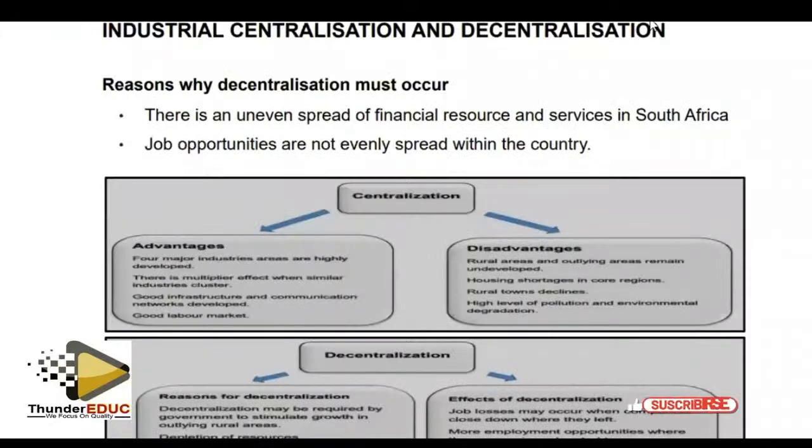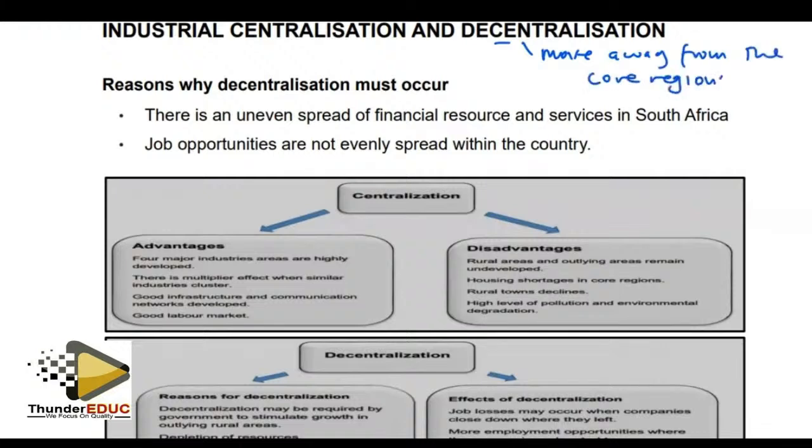So let us look at industrial centralization and decentralization. Like we spoke earlier, decentralization of industries is when industries move away from the core regions to other areas.